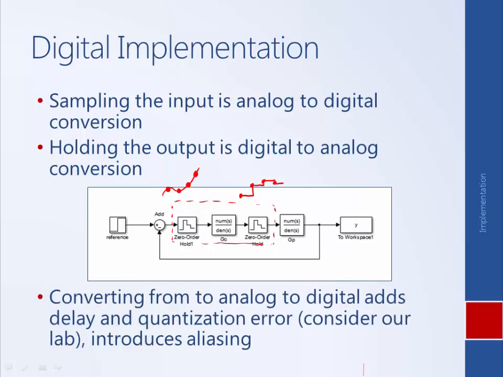There are some implications of this sampling, of this analog to digital conversion and this digital to analog conversion. So one is we're in essence adding delay into the system. So we only sample a sensor every so often, every 10 milliseconds, and we only calculate a new control command every 10 milliseconds.